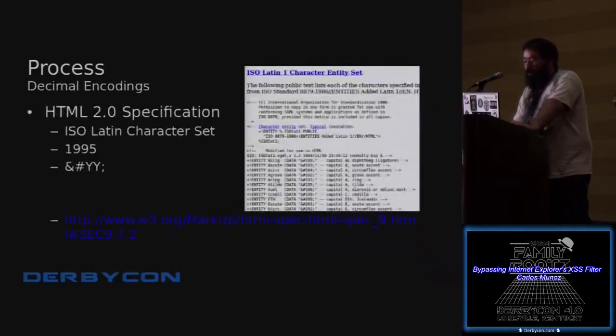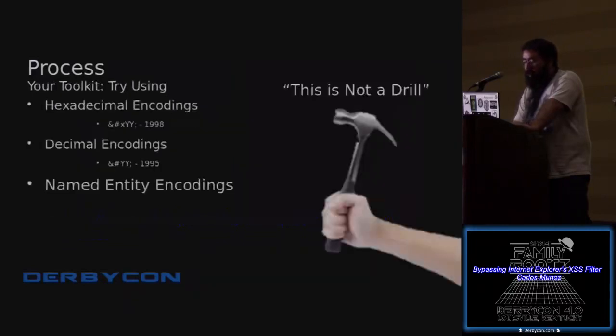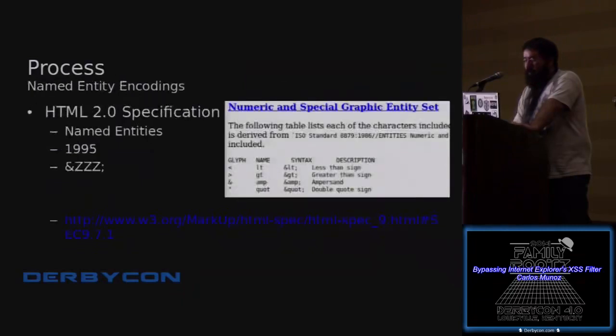Decimal encodings are part of the HTML 2.0 specification back in 1995. That's ampersand hash, a numeric reference to some character, and a semicolon. Named entity encodings, again part of the HTML 2.0 specification back in 1995, where it's an ampersand and then some letter reference to a character and a semicolon.